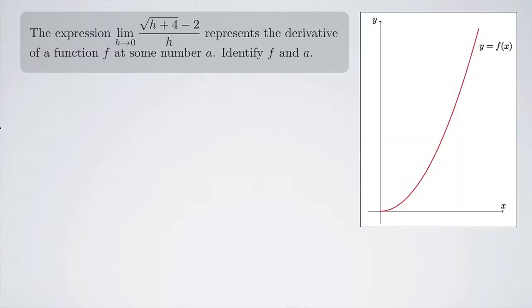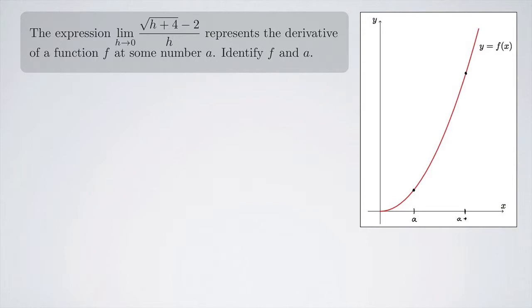Suppose we have some function here, and this is not the function in the problem. This is just some other function. And we're going to look at two different points. Suppose I have a point here, and I'll call that point with an x-coordinate of a. And then I have another point that's maybe about here, and that's going to be a plus h.